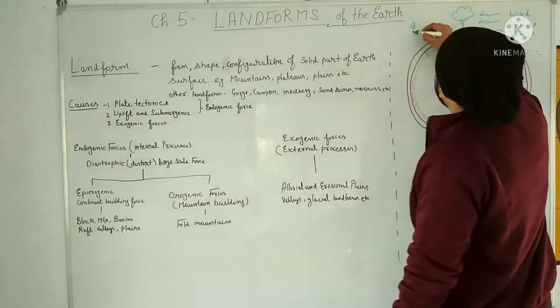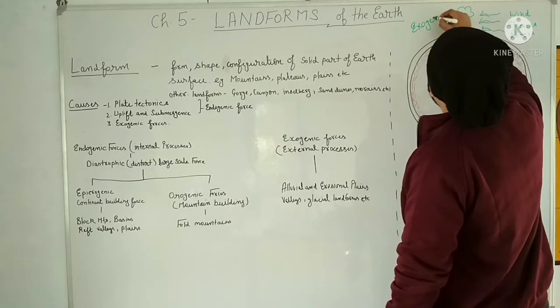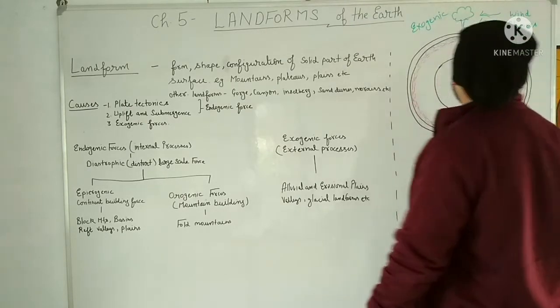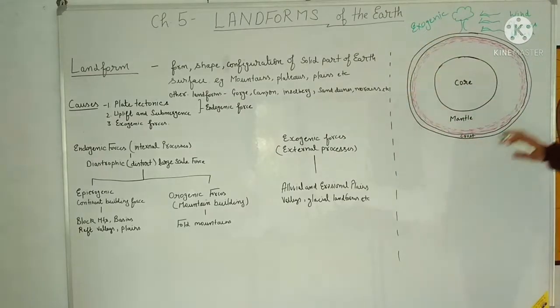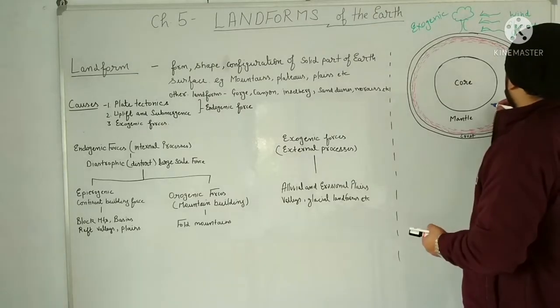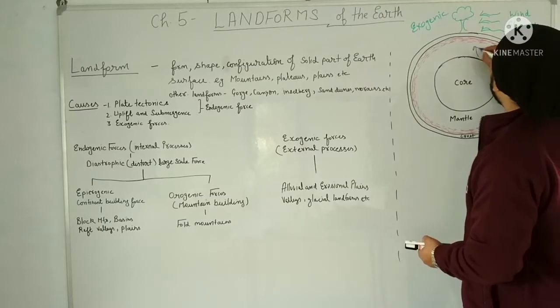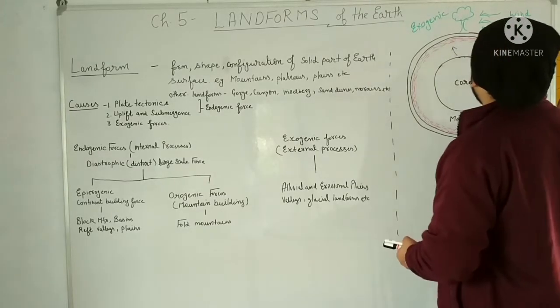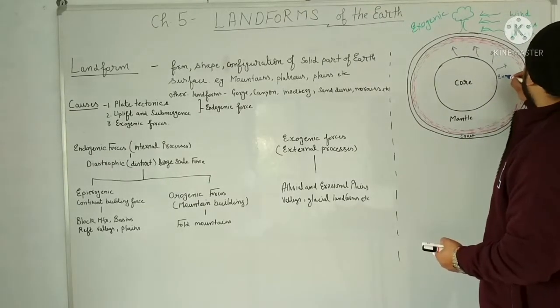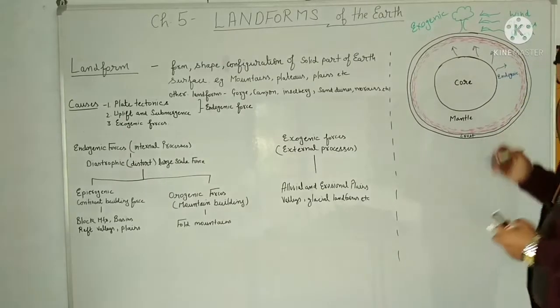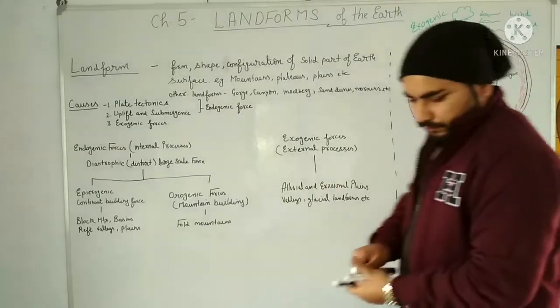These exogenic forces are working outside on the earth's surface, and the forces which are generated from inside, which apply force from inside, are called endogenic forces. So these are endogenic forces, and these are exogenic forces.